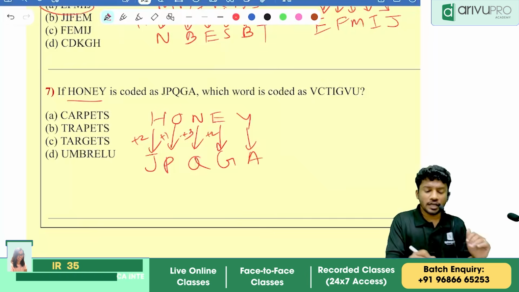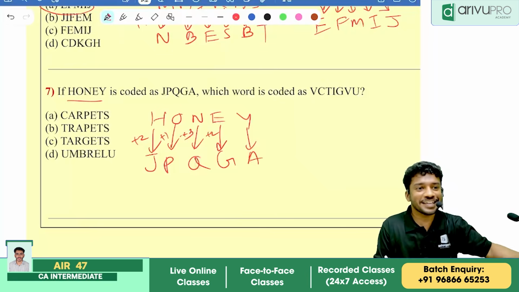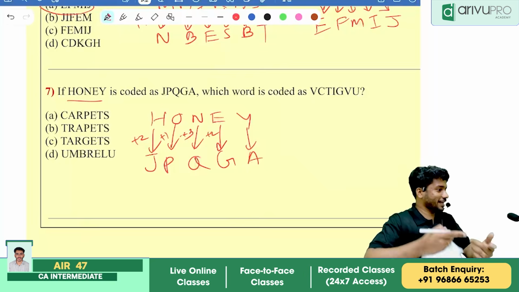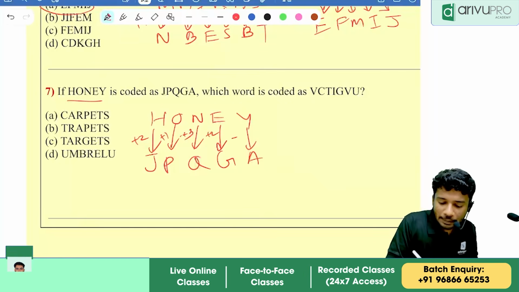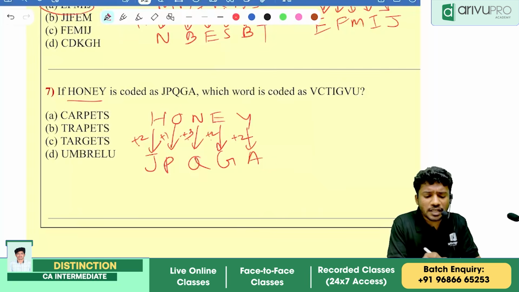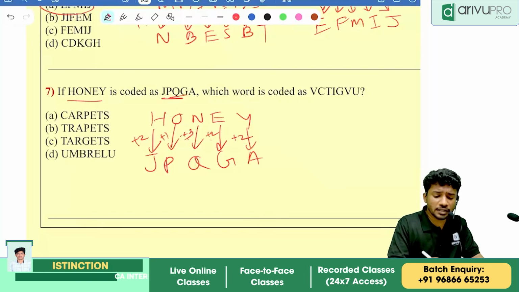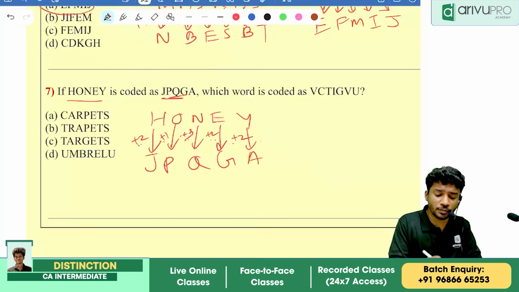Z, A. Like our number plates and all, after Z it will be A again. It will not go A, B, B, C and all. Y plus 2. If you look here, plus 2, plus 1, plus 3, plus 2, there is something wrong in this question. Whenever there is a coding system, it should either be like plus 2, plus 1, plus 2, plus 1, or always plus 2, plus 2, plus 2.